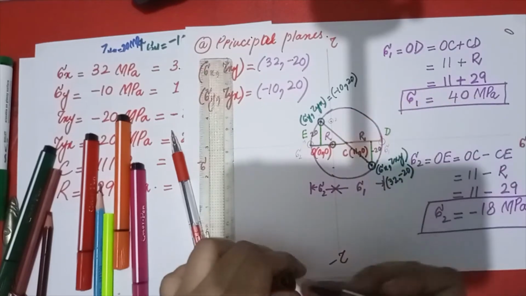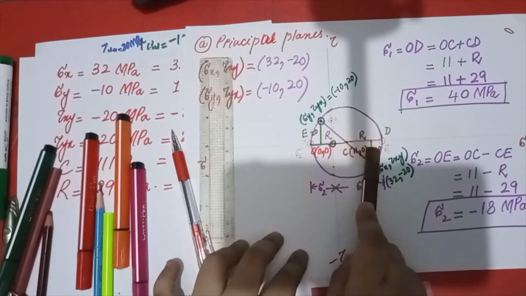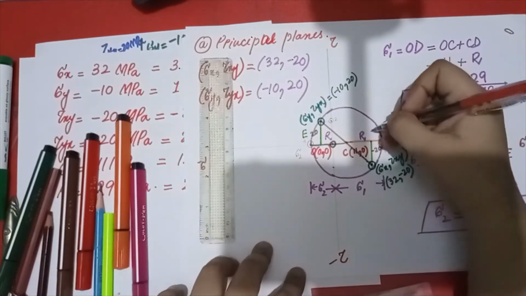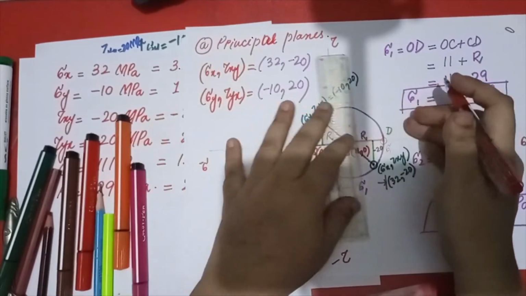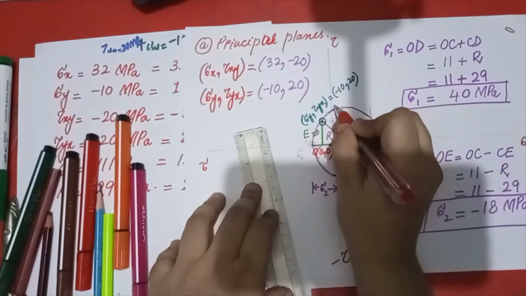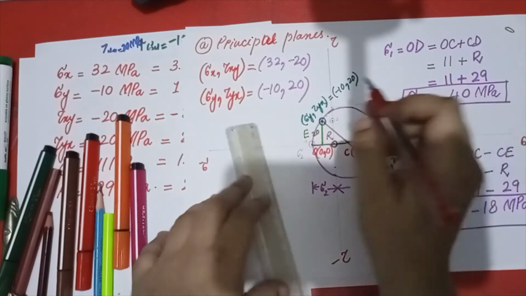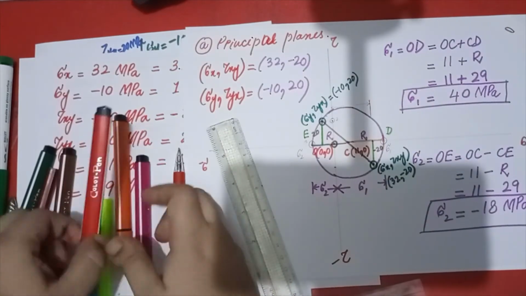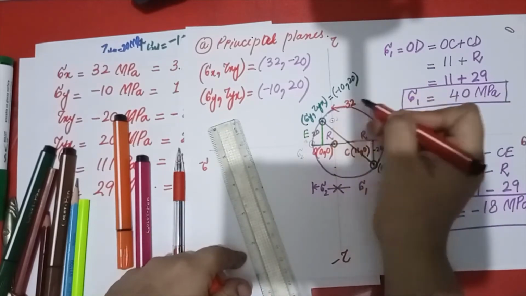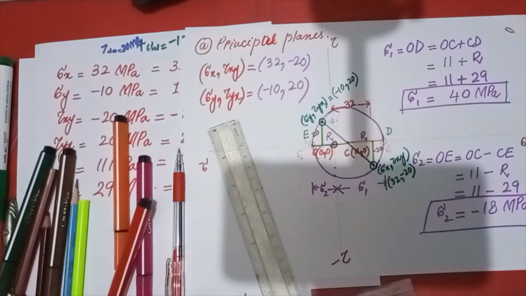What is the length from the origin till here? Origin till here is 32 MPa.